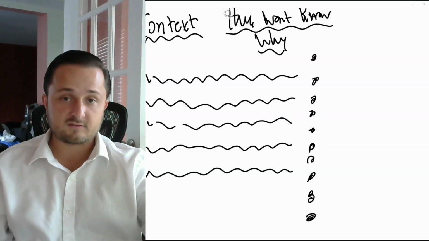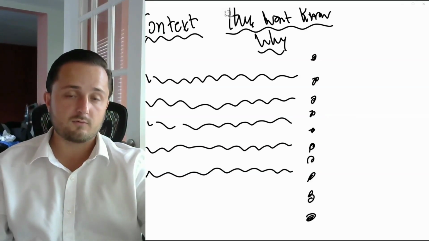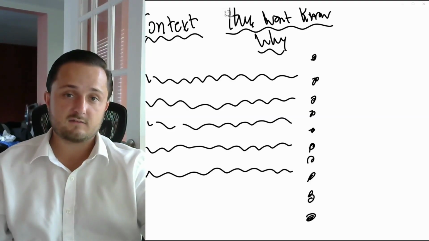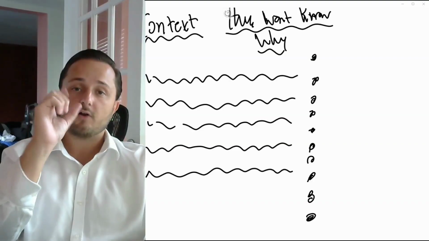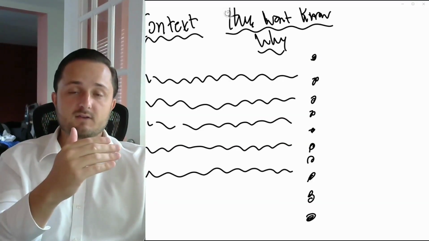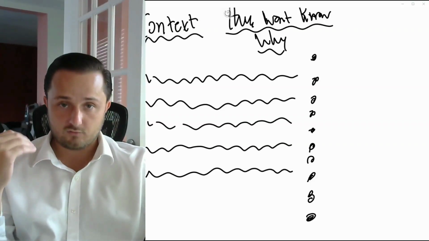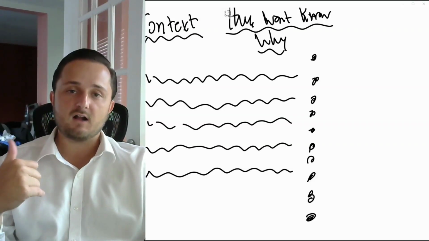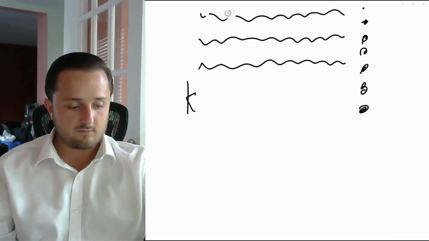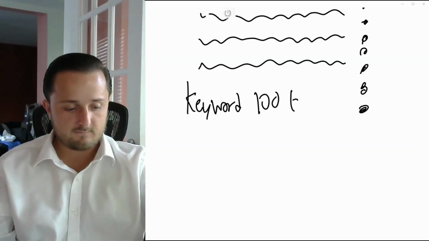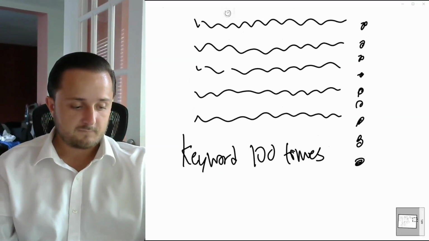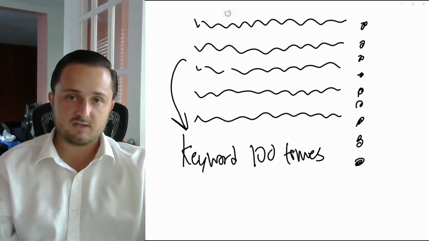Then they will assign a numerical value to each of these, and then they will measure the distance in which they occur with other words, or they will measure the frequency in which those words occur to get an understanding of the page. So if a page uses the keyword 100 times, then it may have a better understanding that this page is in relation to this keyword.